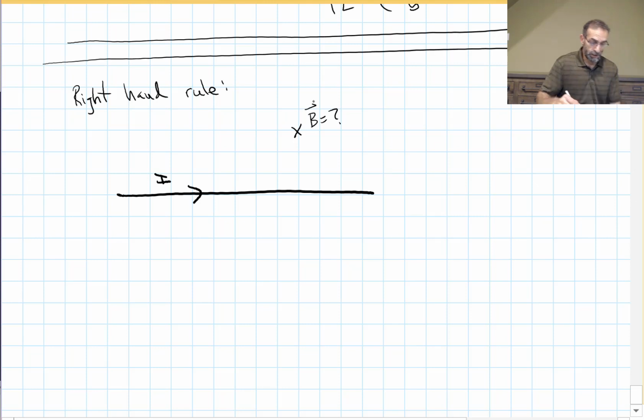So we want to know the magnetic field at that location. We've got a current carrying wire, and we're going to pick some little element ds.